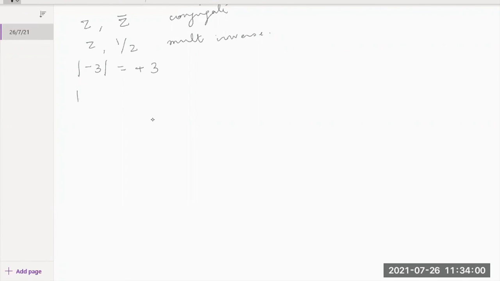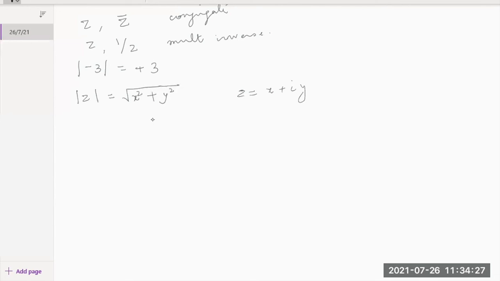If I write mod z, it does not mean positive z. The definition is, mod of z means the square root of the sum of the squares of the real and the imaginary parts, when z is given as, let's say, x plus iy.